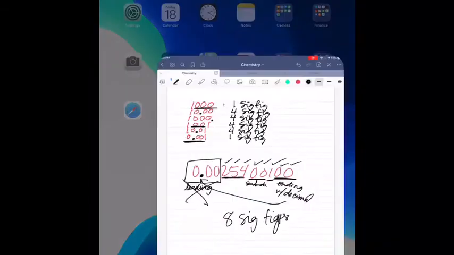So let's go ahead and go into our notebook, and we're going to make a new page here. Now luckily there's only 2 rules when you do math with significant figures.